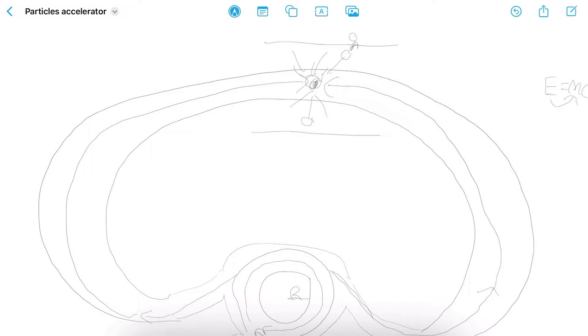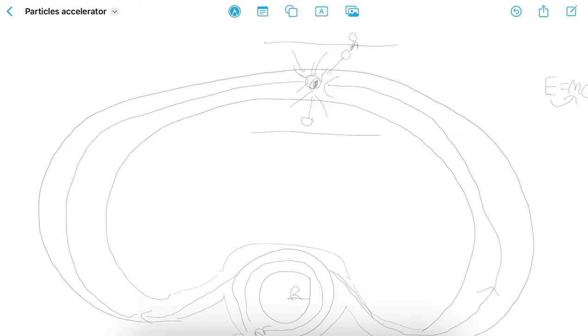Some elementary particles do not have mass. So, for example, light is an elementary particle of photon, and photons do not have mass. So light can travel at the speed of light.